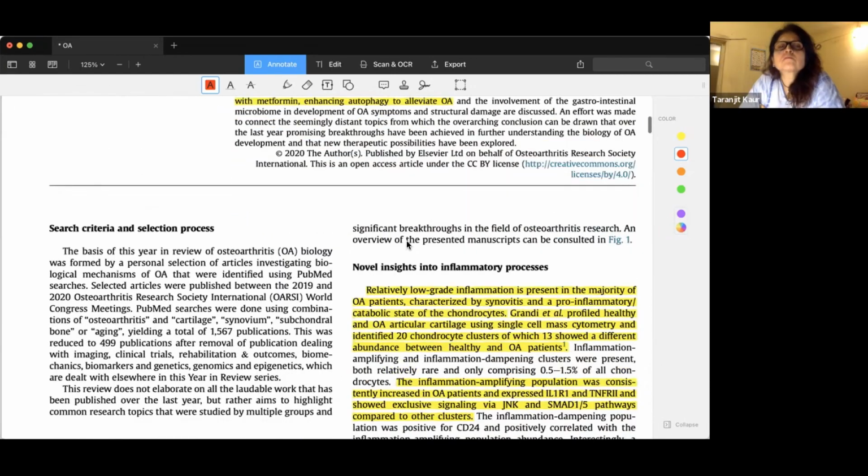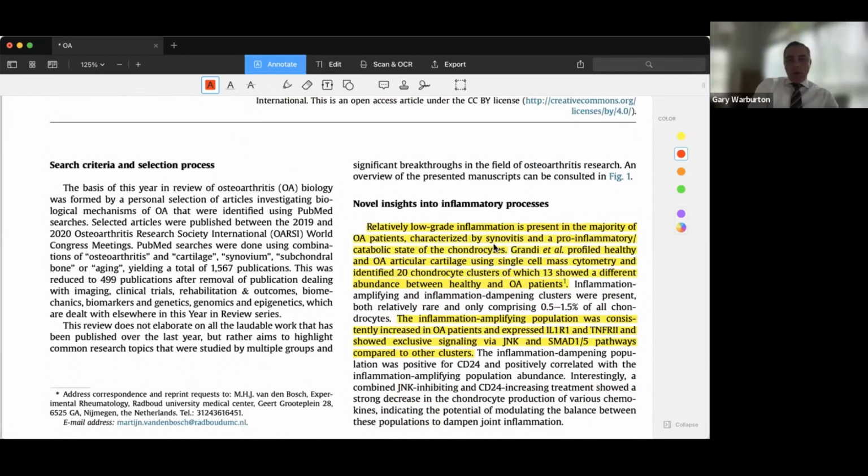So as Lou mentioned, osteoarthritis is a low-grade inflammation, characterized by synovitis and a pro-catabolic state of chondrocytes. Using single-cell mass cytometry, they identified 20 different chondrocyte clusters, pro-inflammatory and anti-inflammatory, and the inflammation-amplifying cluster was consistently increased in osteoarthritic patients.